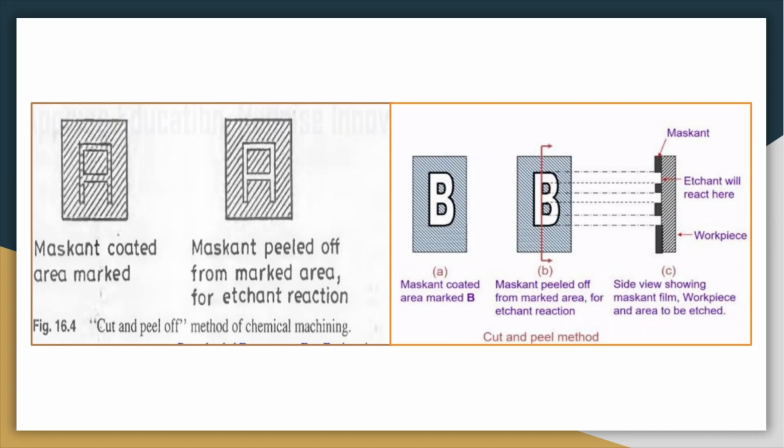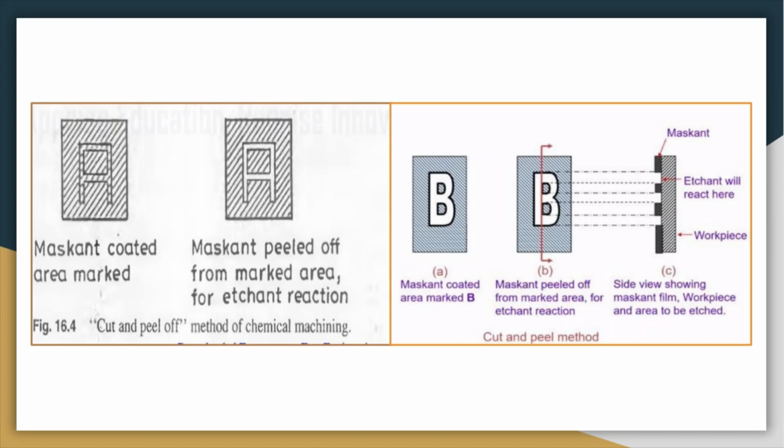The time of etching controls the depth to which material removal takes place. This characteristic has been used to produce a taper on a workpiece. In the case of cut and peel maskant, rescrubbing is possible. This characteristic has been used to produce a stepped component.